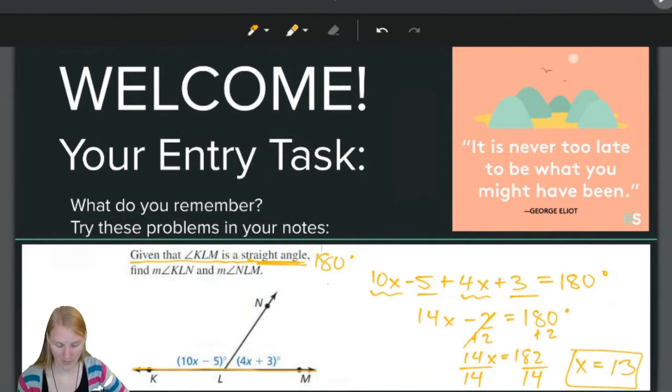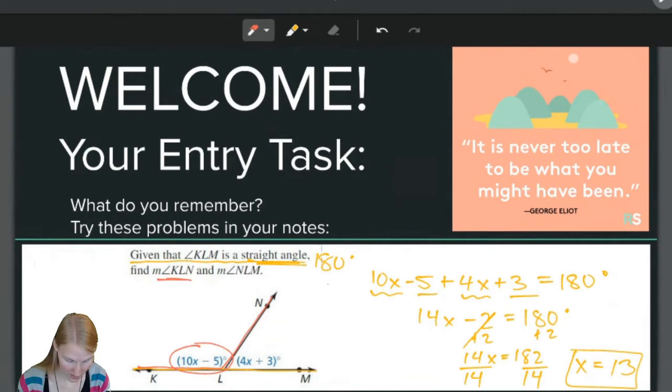Wait. I'm supposed to find the measure of angle KLN and the measure of angle NLM. So let's get some different colors in here. KLN is this angle right here, and hey, that's 10x minus 5.